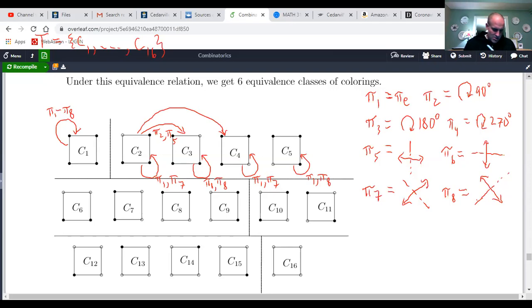Well, 180-degree rotation would do it, so that's pi 3. But also, what else would send me that way? It looks to me like if I reflected in the positive slope axis, that would happen.